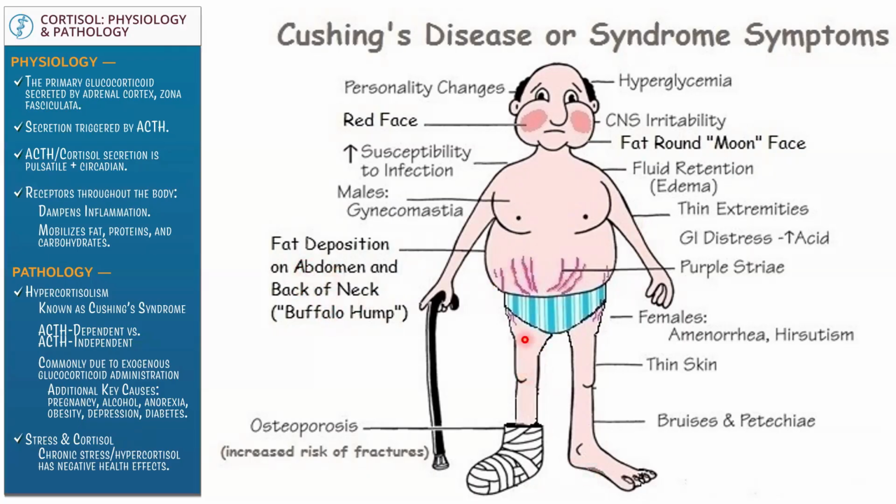Remember, the muscle will undergo weakness, leading to osteoporosis and increased risk of fractures. So the bones and the skin will undergo weakening, leading to osteoporosis, increased risk of fractures, and also purple striae. Due to the weakness on the skin, lead to thin skin and also bruises and petechiae. In females, the person will have hirsutism and amenorrhea.